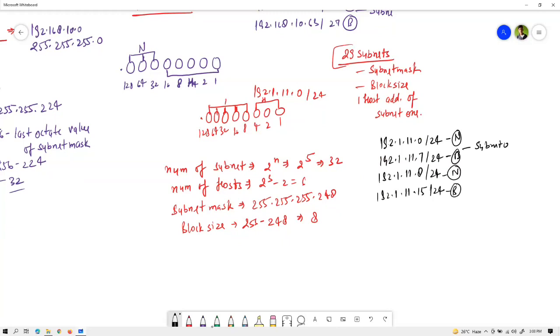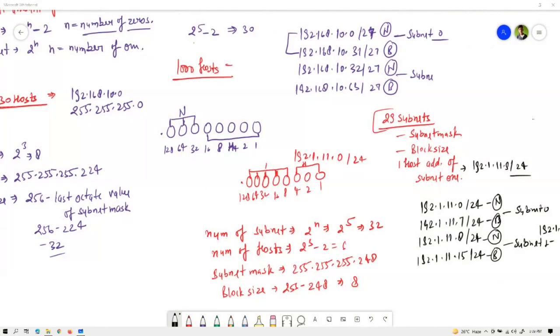You add the block size. Those are unusable. So this is subnet 1, and it was asked for the first usable host address. The network and broadcast addresses are unusable, so what is the usable IP address in subnet 1? The first host address is 192.1.11.9/24, right? This is the first usable address.